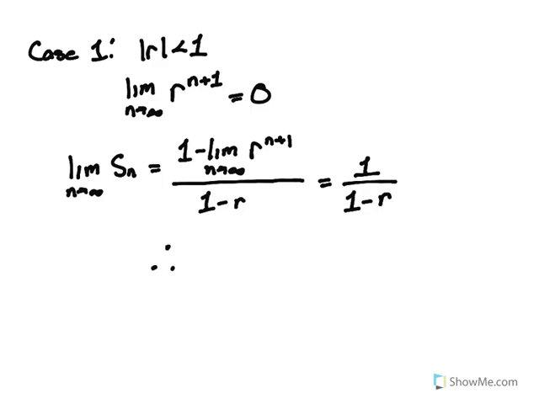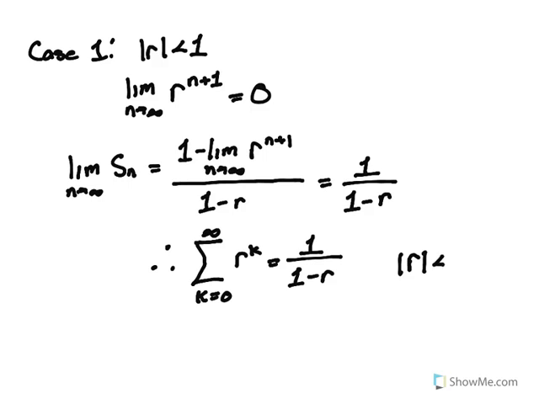Therefore, the series of r to the k from k equals 0 to infinity is equal to 1 over 1 minus r. This is the case where the absolute value of r is less than 1.